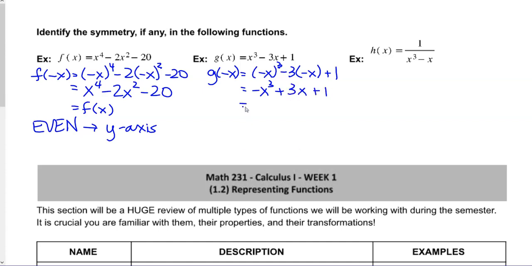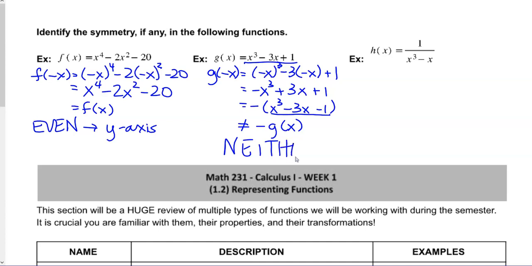But if I try to take that negative out to match up with my original, and I change the sign on all three of those terms, notice that this is not exactly the same as what I started with. Therefore, this is not equal to the opposite of g of x. So this constitutes neither even nor odd, and it would not be symmetric over the y-axis, the x-axis, or the origin. Okay?